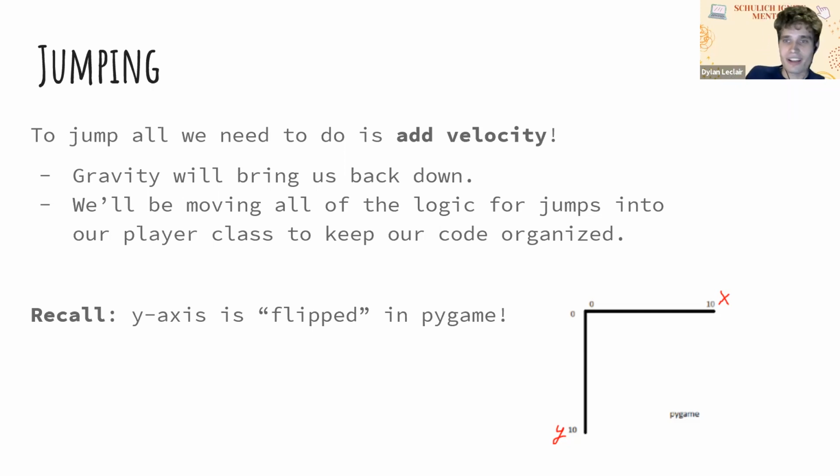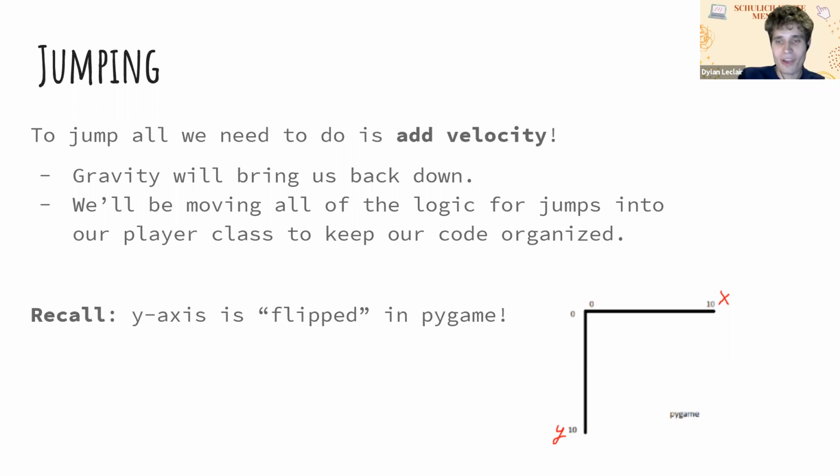Just what I like to do when I'm programming these sorts of things is move the logic for our jumps into the player class, also to help keep our code more organized. You'll see that because I'm going to be implementing it in just a minute here.